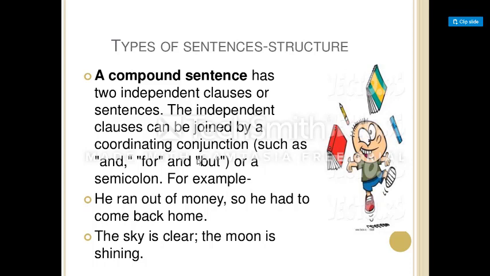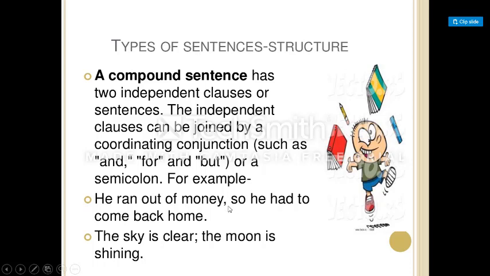To memorize the coordinating conjunctions, I have just given you a formula, that is FANBOYS. Just keep this formula in mind, and you should also know the keys of that formula as I have just told you. For example, he ran out of money, so he had to come back home. The money he had got exhausted, so he had to come back.